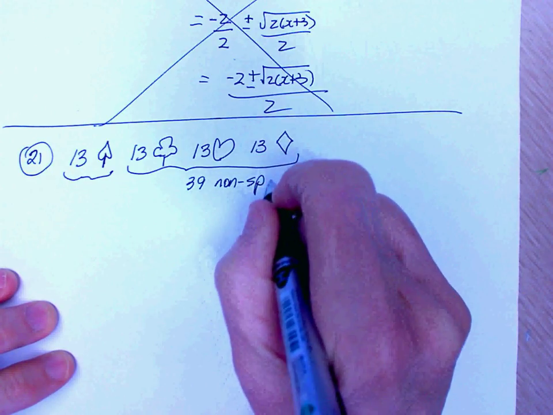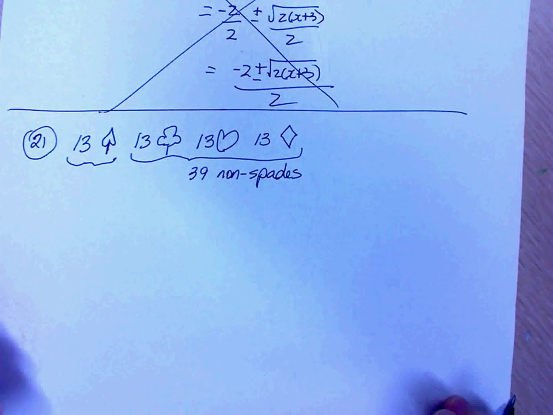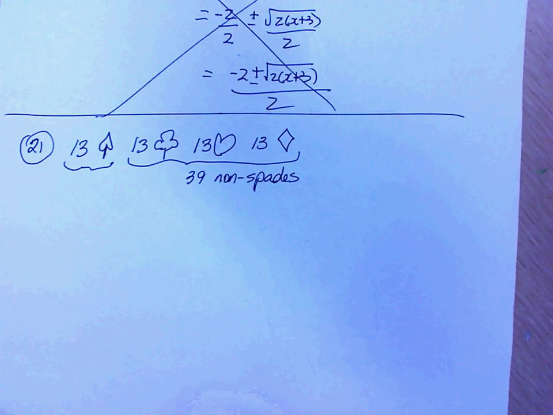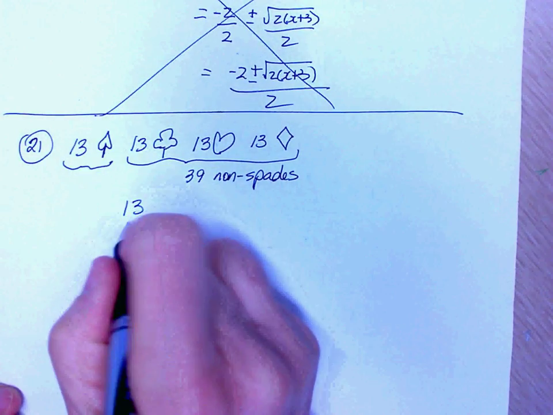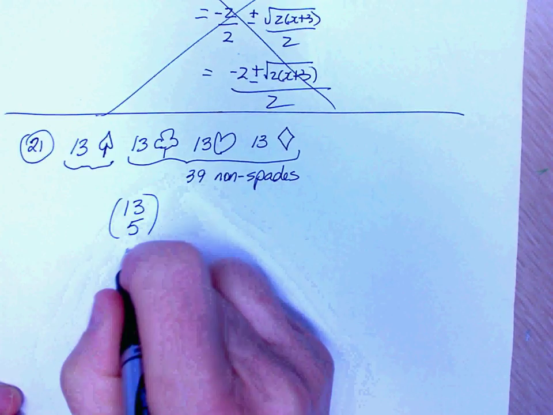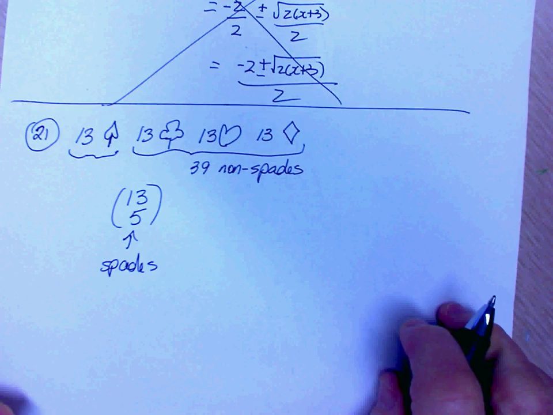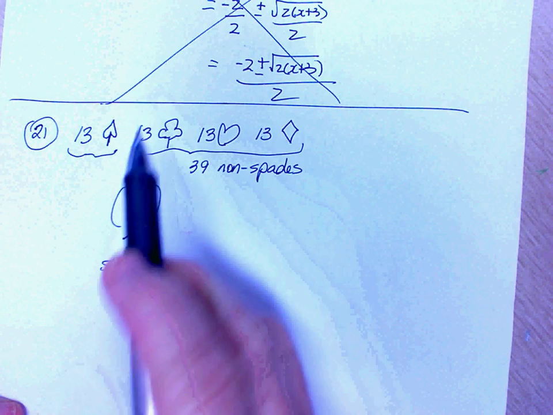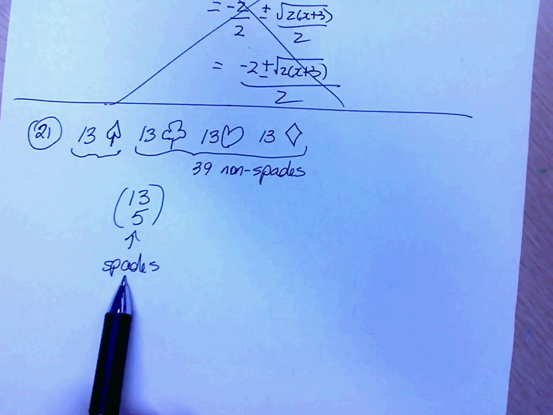If we want to choose exactly 5 spades out of the 13 cards, that's where I'm choosing the spades. Then I cannot choose any more spades or I won't have exactly 5 spades. So now I have to focus on the non-spades.